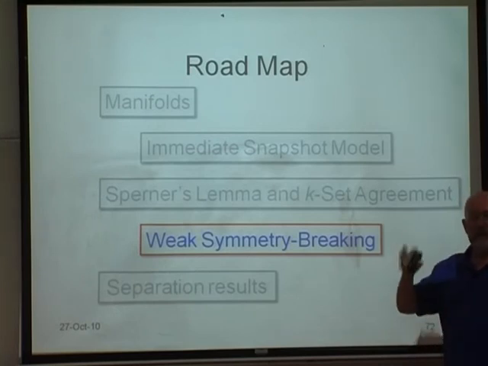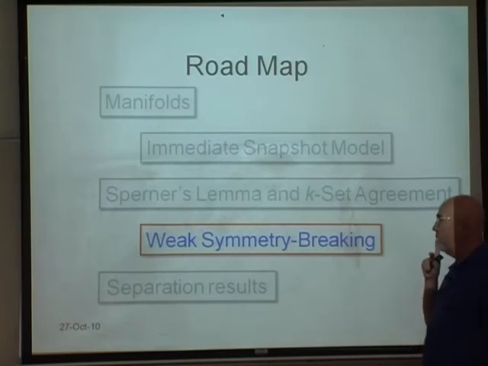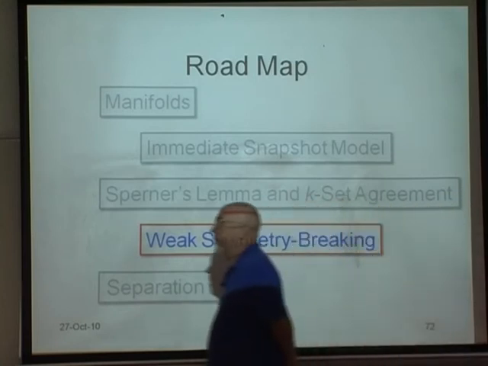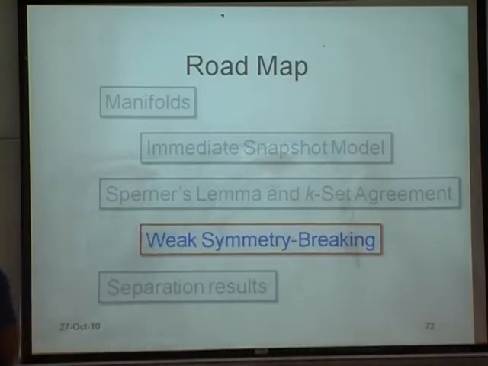They talked about cliques instead of simplexes. And then there was a paper by Michael Saks and Fotis Zaharoglou, where they used point set topology and something sort of like the Brouwer fixed point theorem, which is kind of like Sperner's lemma, except in a continuous way, to prove the same result.